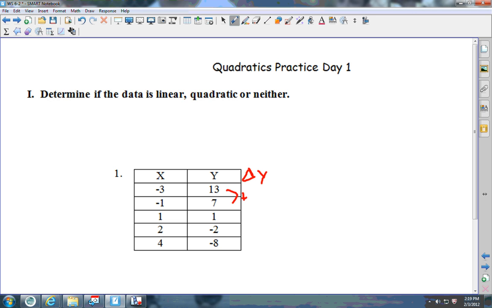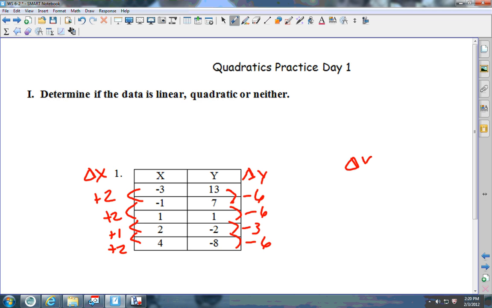We're going down, so this would be -6. The next one, -6, -3, -6. Well, these aren't the same, but you have to go over here and check delta x, the change in x: +2, +2, +1, +2.